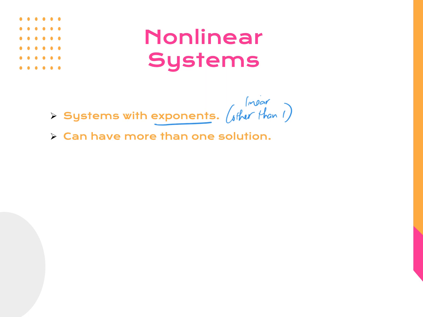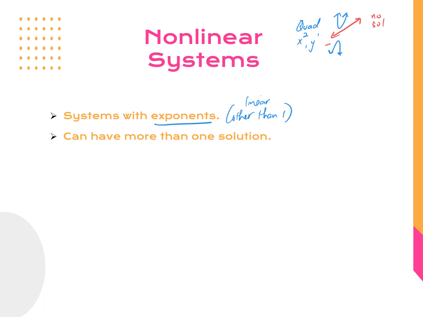And so one of them could be a line, but one could be a quadratic, which looks like a parabola that opens up or down. So that's going to be where your X is squared and your Y is to the first power, right? And so if I have a quadratic and let's say I have a line, that might be something like this where there's no solution because the line doesn't touch the quadratic.